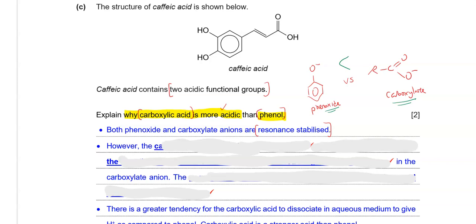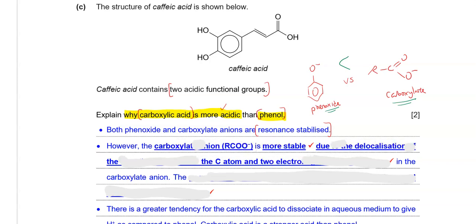Why? Because the carboxylate has delocalization of a negative charge across this C atom and the two oxygen atoms. Important words: two electronegative oxygen atoms. This is to show why this dispersal of charge is more.